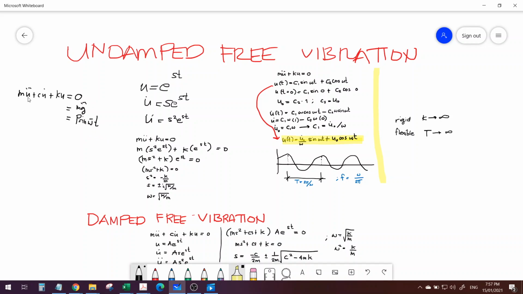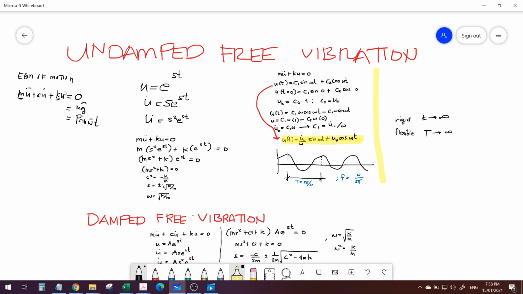So as you will see, the equation of motion involves now mass, then u double dot, that is the acceleration, plus c, the damping, then u dot, the velocity, and then k, stiffness.